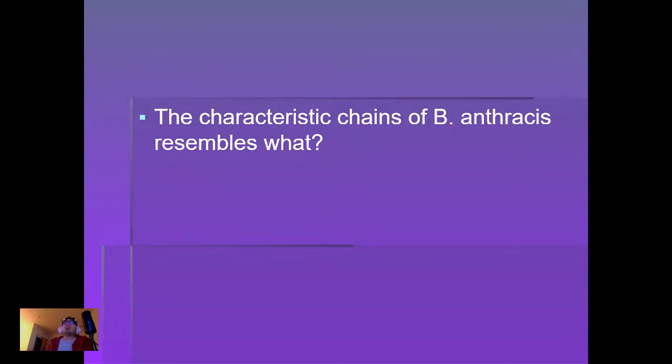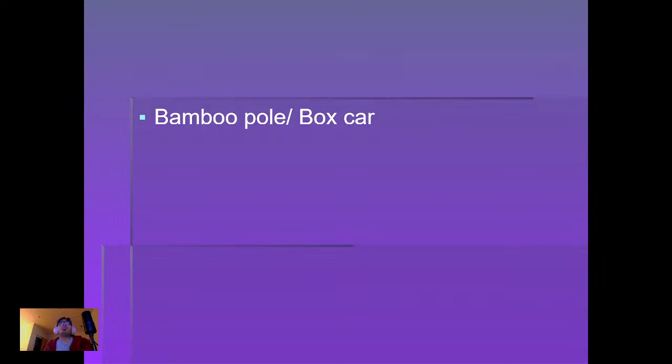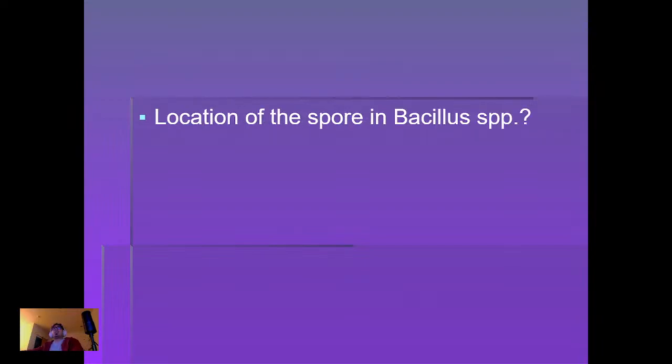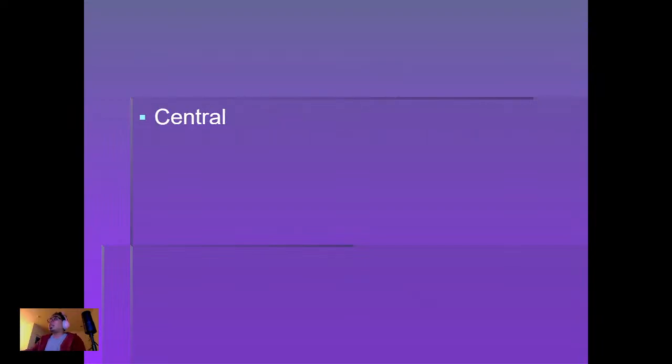All right, now there are characteristic chains of Bacillus anthracis, and it resembles a bamboo pole or boxcar. Okay, and we also have to talk about the spore. The location of the spore is centrally located. Okay, if it's centrally located, I am almost certain it is Bacillus. Okay.